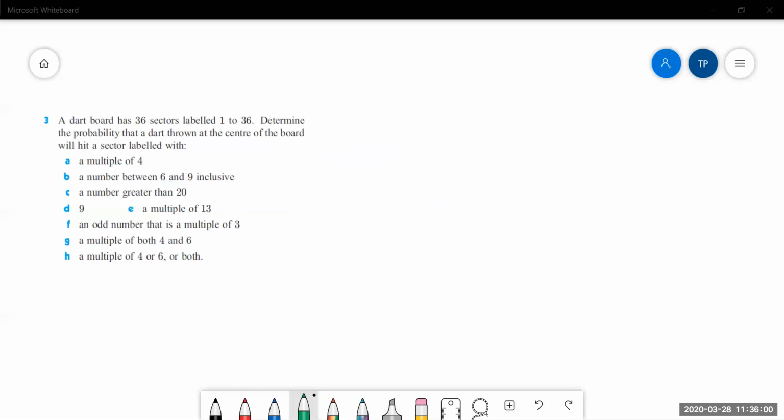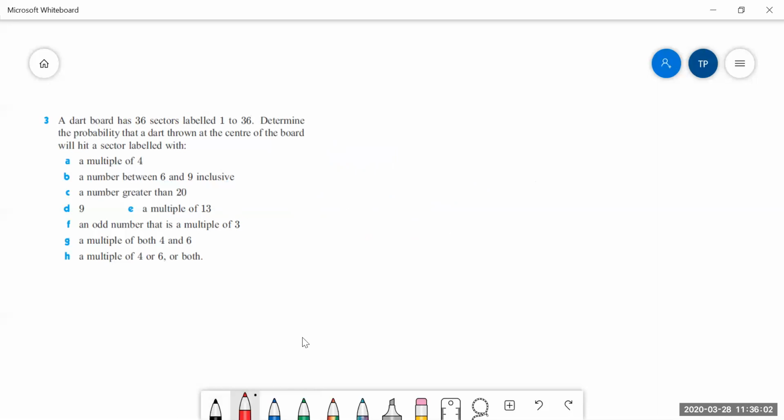Okay, a number greater than 20. For part C, you should know how to do. D should be fine. A multiple of 13, you also know. An odd number that is a multiple of 3, a multiple of 6, a multiple of both 6 and 4, or both.